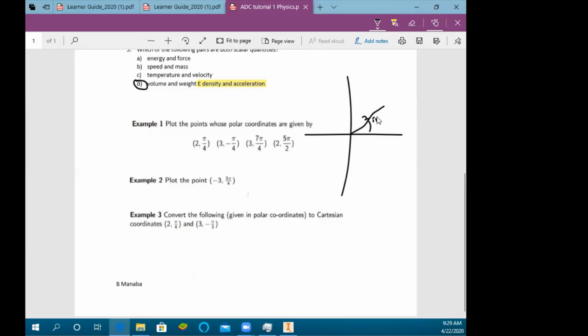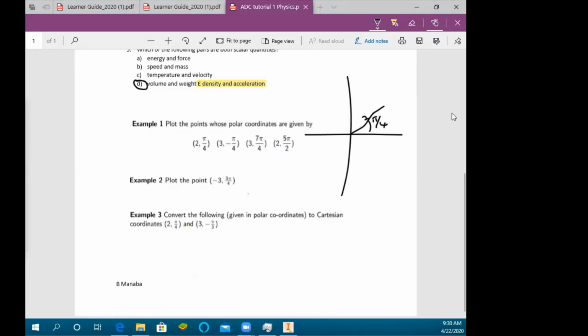What is pi over 4? Pi is 180, so pi over 4 is 180 divided by 4, which is 45.